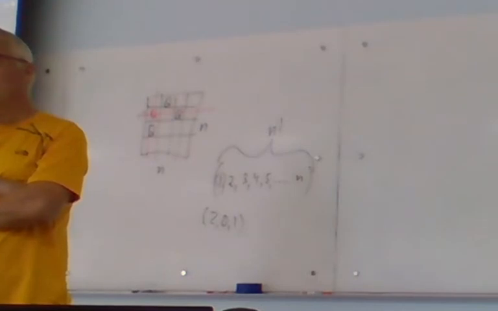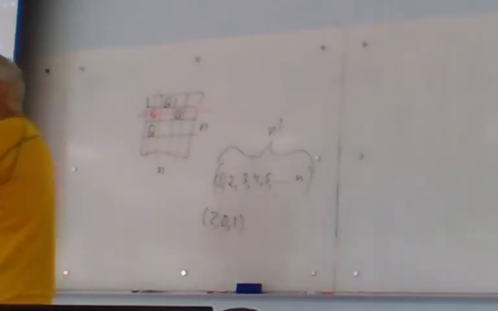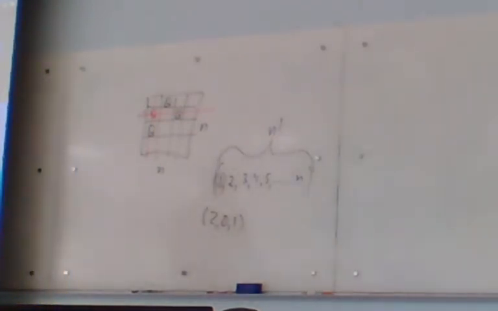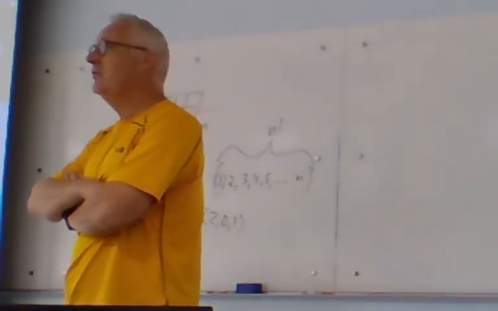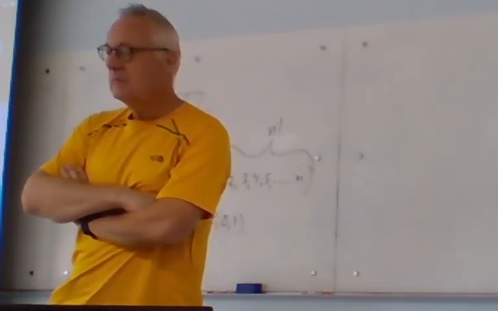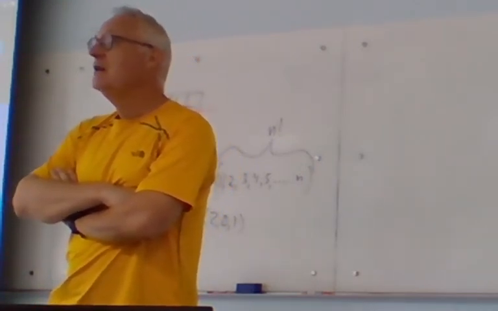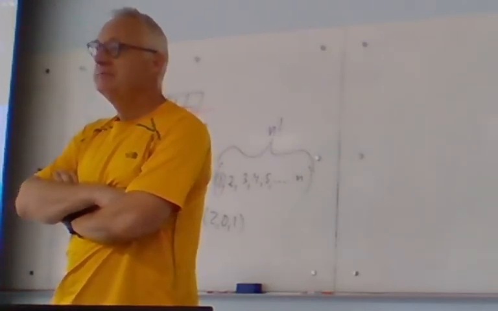Actually, they use a clever algorithm that uses symmetry of the board and rotations of the board to speed it up. So they didn't actually have to go through all of the n factorial combinations. They only had to go through most of them.